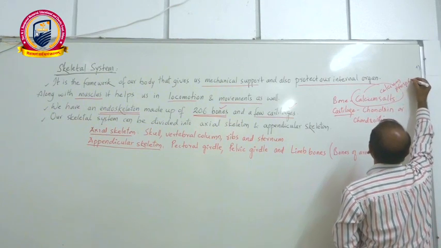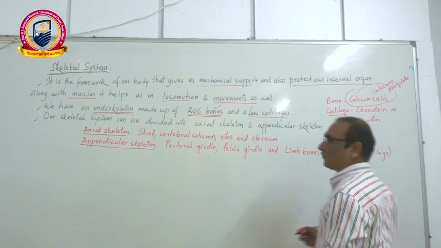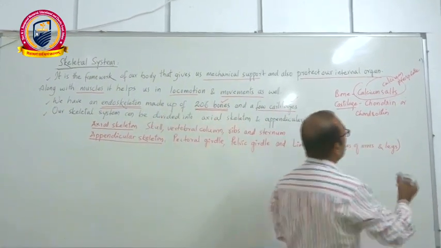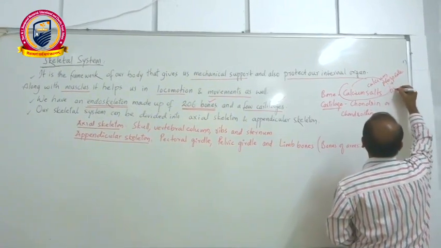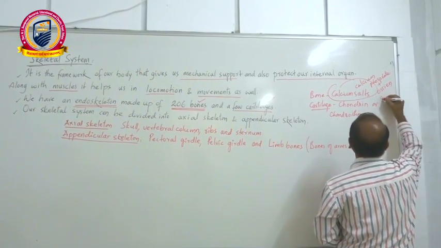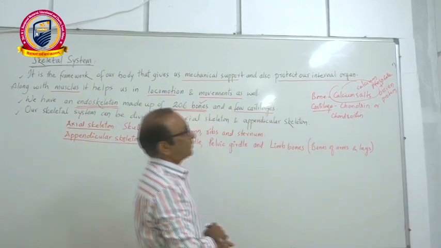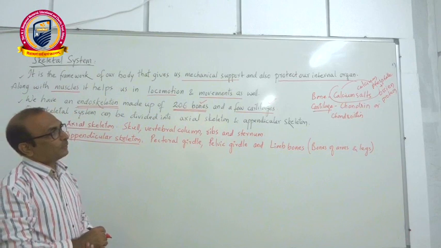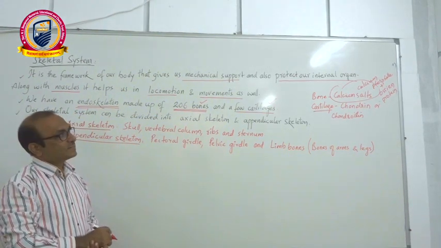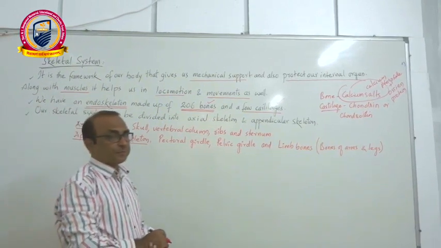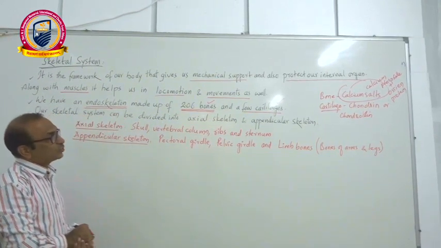So our bones are made up of calcium phosphate and a protein called ossein protein. And apart from this, many blood vessels and nerves enter into the bones. That is the structure of bone.